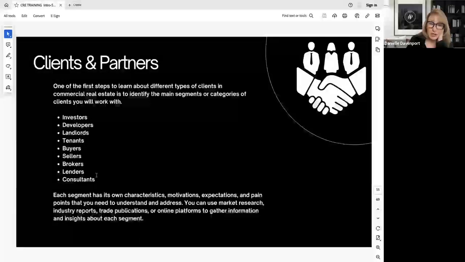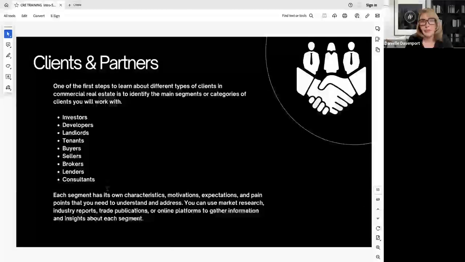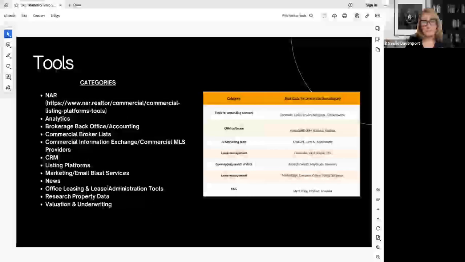But we do rely a lot on consultants in the due diligence process in real estate. Because you have environmentals, you have CEQA, you have all kinds of other criteria, you have to rely on these different consultants that can come in and assess a property for viability.